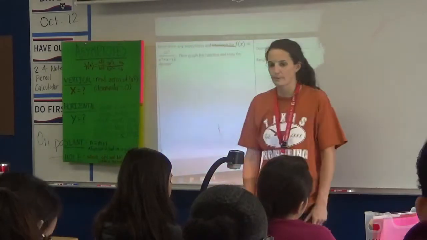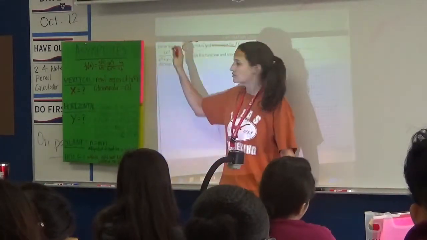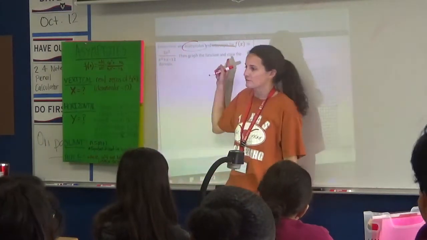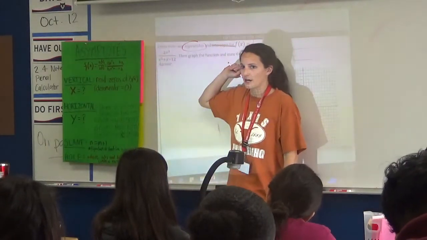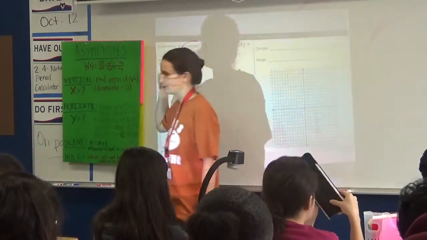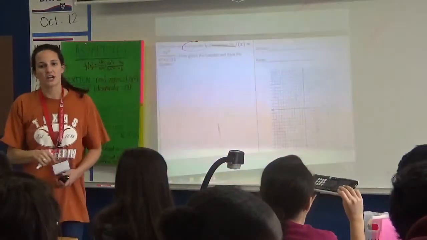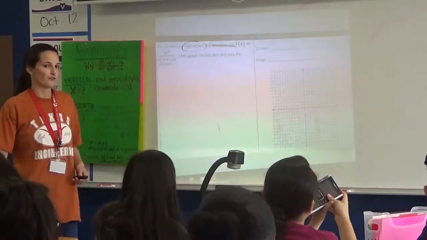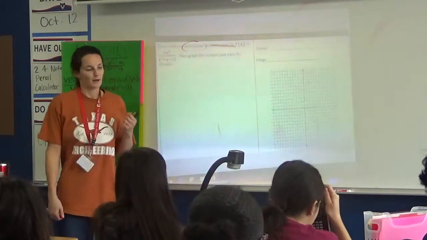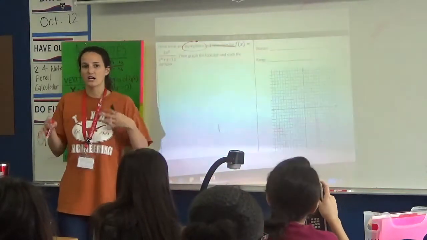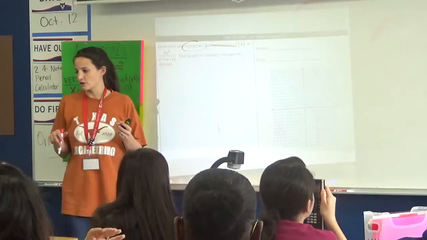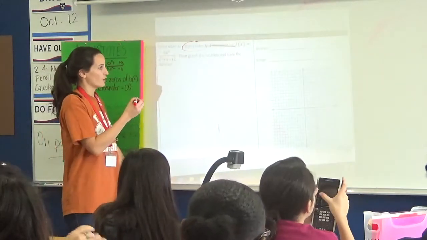It says determine any asymptotes, just like we did in the do first, okay? And then we're going to graph the function on our calculator to check our work and make sure we know how to find the domain and the range. And then we're going to see if this one looks any different. And it is going to, and that's going to lead us to talk about some of the new stuff. So let's knock out the stuff we already know quickly together, since you did this on your own in the do first.